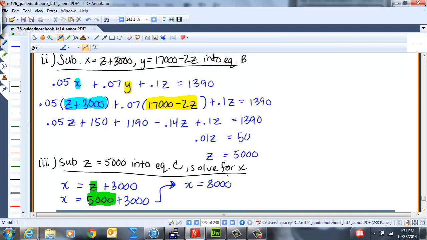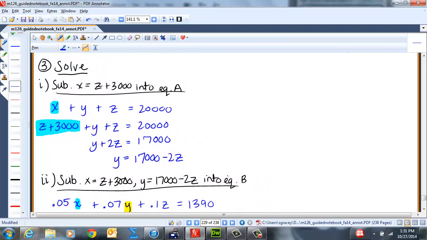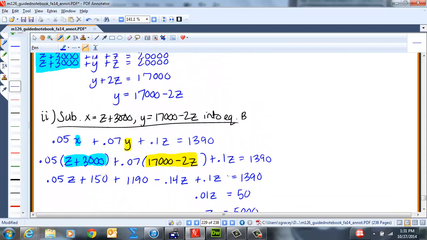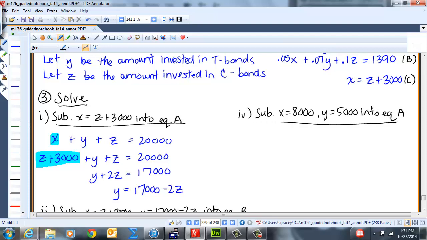And then we can just go back to the very first equation. What was our step 3? Our very first equation to find y. So we have, substitute x equals 8,000 and z equals 5,000 into equation A, and we'll solve for y.